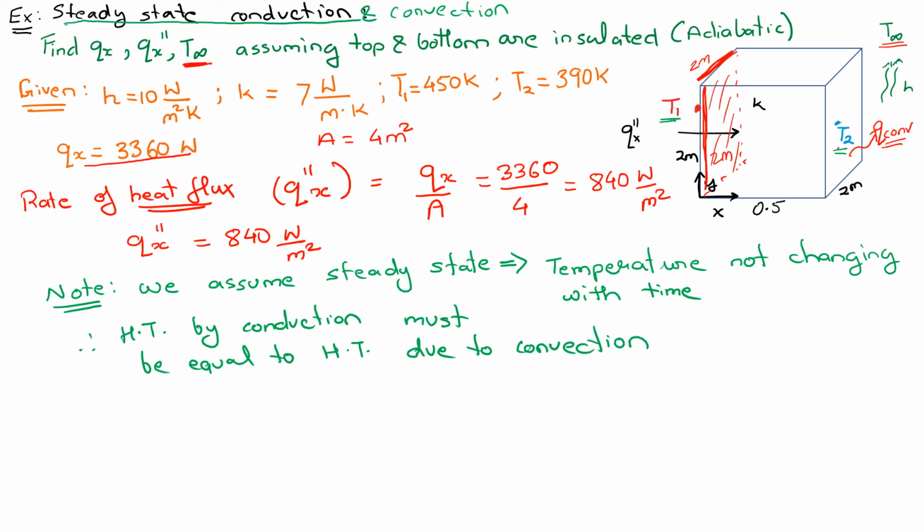Now, how can we prove this? To prove this, we'll have to look at the energy balance equation. So let's look at the energy balance equation at this particular surface, which is T2.